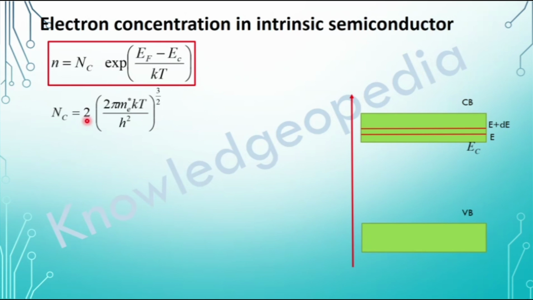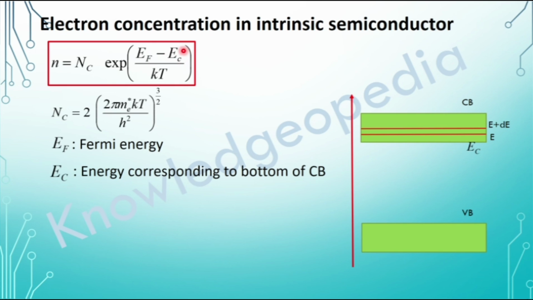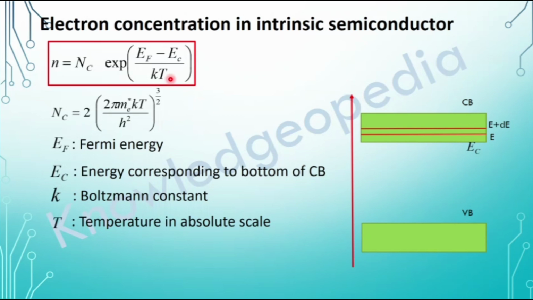Here this Nc is equal to 2 into (2 pi m star kT by h square) whole to the power 3 by 2, and EF is the Fermi energy, EC is the bottom of the conduction band, k is the Boltzmann constant, T is our temperature on the absolute scale, and inside this Nc, what is this m star? m star is the effective mass of electron that can be obtained from our energy wave vector diagram.